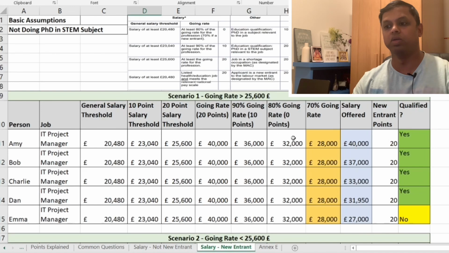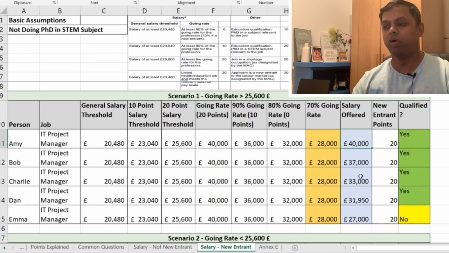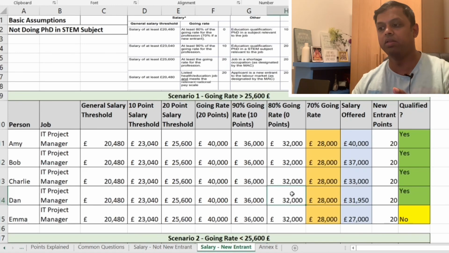Nothing else matters. Whether it's below the 10-point salary threshold, or whether it's below the going rate, or 90% going rate, 80% going rate, nothing matters. So you already get your 20 points from your new entrant criteria, which means that any salary above about 28,000 pounds automatically qualifies.